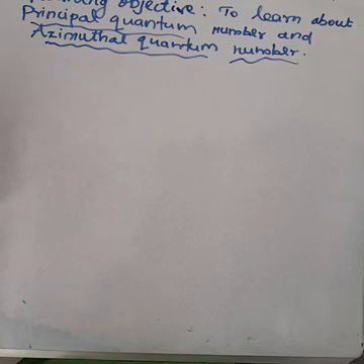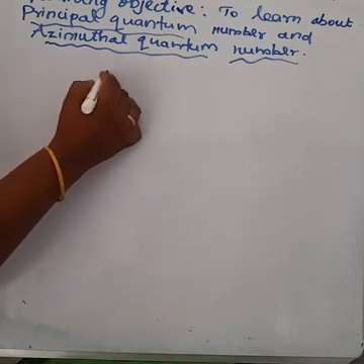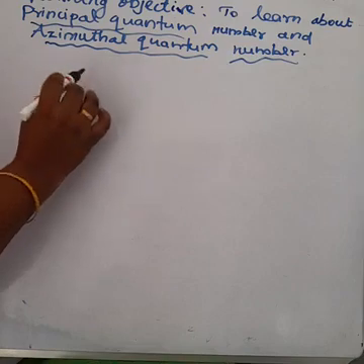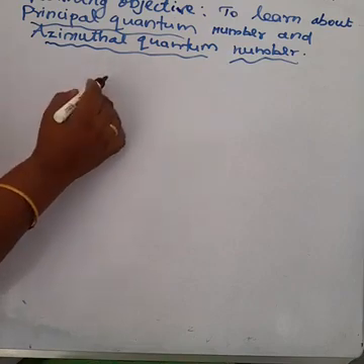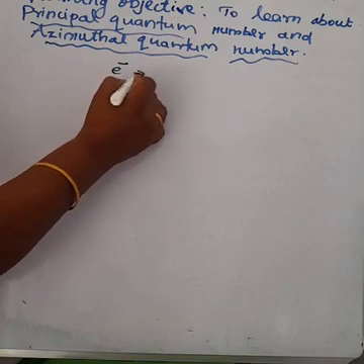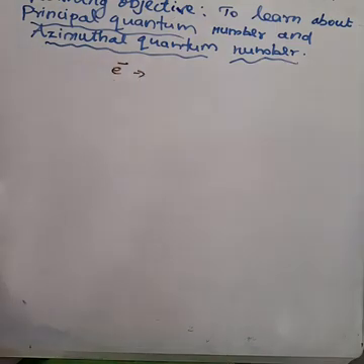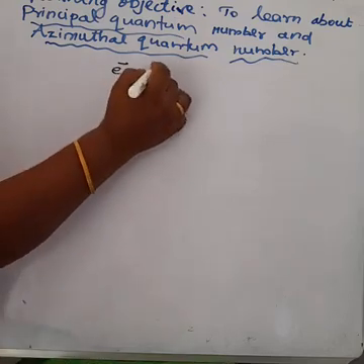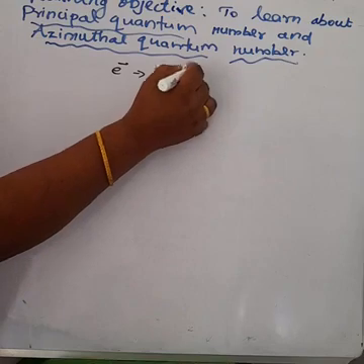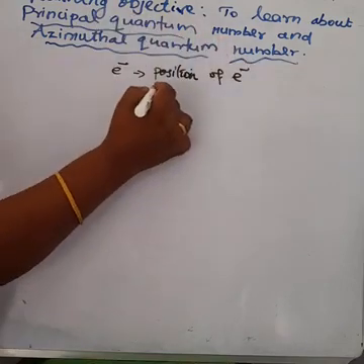The electron in an atom can be characterized by a set of 4 quantum numbers. What do we mean by electrons being characterized? Whatever characters explain the quantum numbers, they explain the position of electrons in an atom and the orientation of an electron.